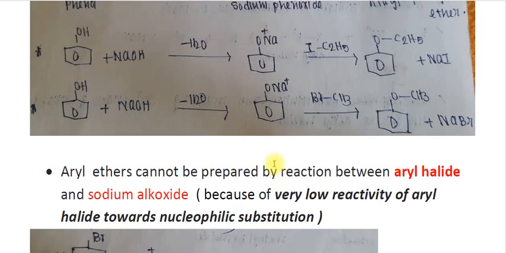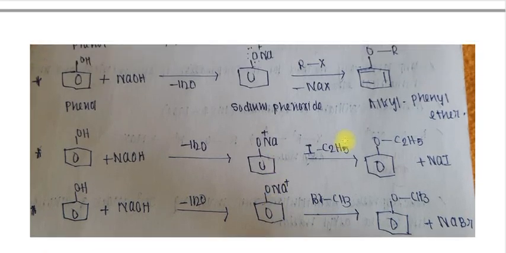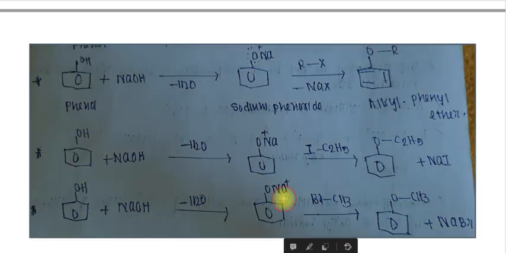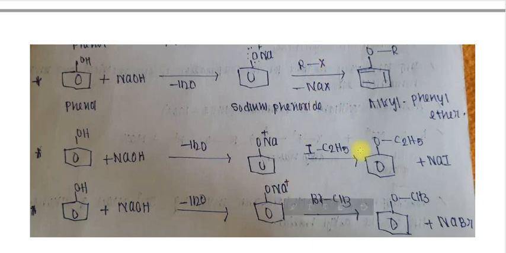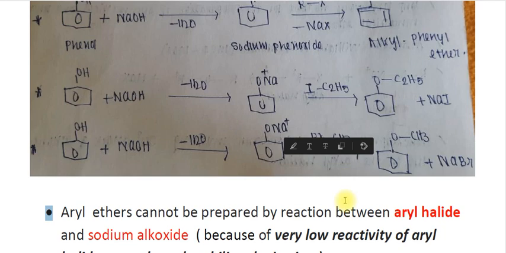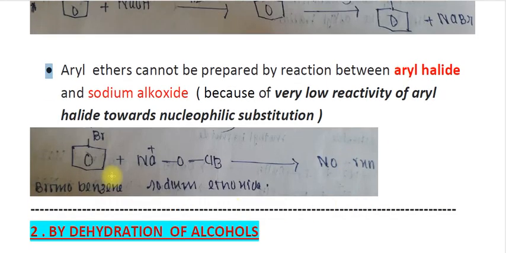Here you can see we are forming an aryl ether by reacting sodium phenoxide with the alkyl halide, not the aryl halide. What will happen if an aryl halide, here bromobenzene, is treated with sodium ethoxide, that means a sodium alkoxide?